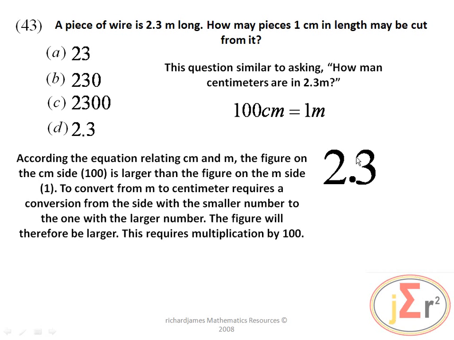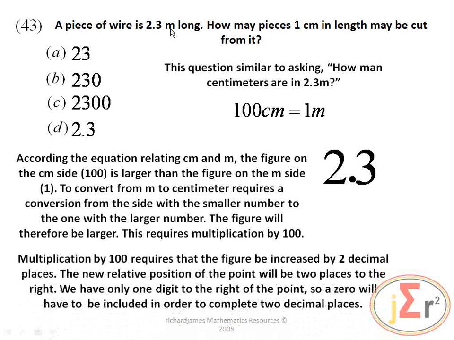So if we're going to determine how many pieces 1 centimeter in length may be cut from the piece of wire, we need to convert this meter to centimeter. Multiplication by 100 requires that the figure be increased by 2 decimal places. The new relative position of the point will be 2 places to the right.